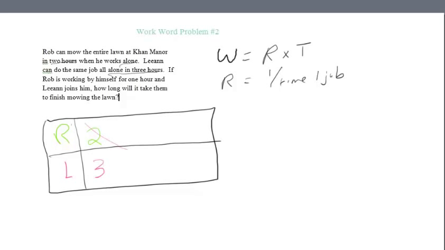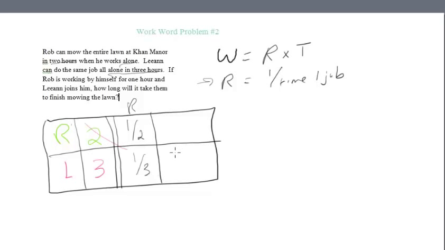Now, we need to determine the rate. Remember what we said in the last video is that the rate is 1 over the time to do the job. So the rate for Rob is going to be 1 over 2, where the rate for Leanne is going to be 1 over 3.